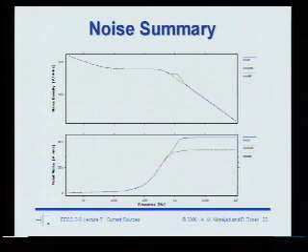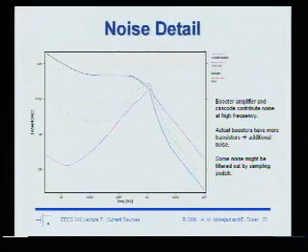So you can see that this is starting to kick up around a gigahertz. And this is right around the frequency where the pole is occurring in that cascode node. The impedance of that node is starting to drop. Here's a zoom in on the noise.